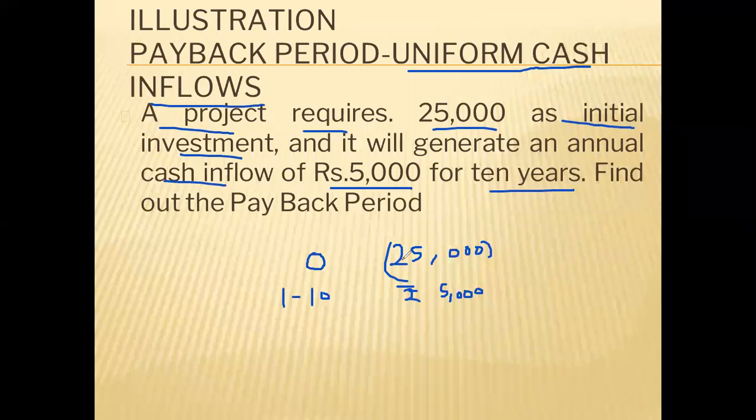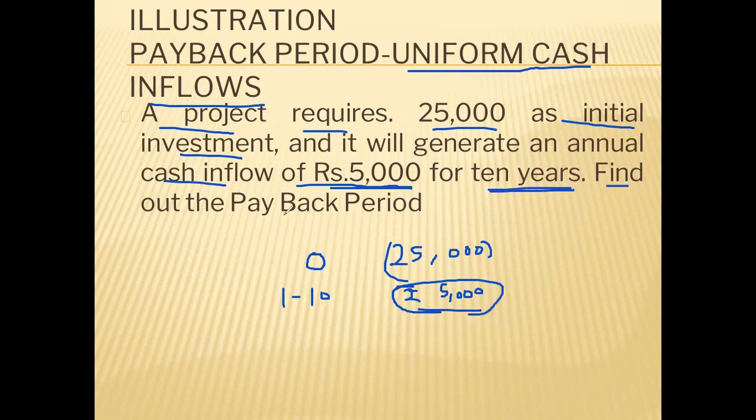So if you are making a 25,000 initial investment, you will get 5,000 inflow every year. So now in this case, you can apply the formula, because the condition for applying the payback formula is inflow should be same every year. So in this question, they have told that inflow is 5,000 every year for 10 years.